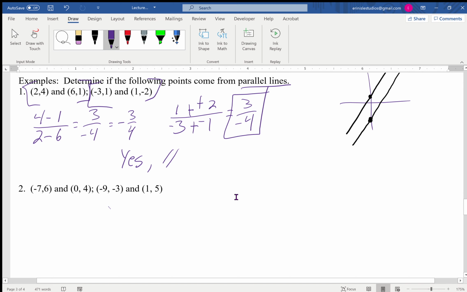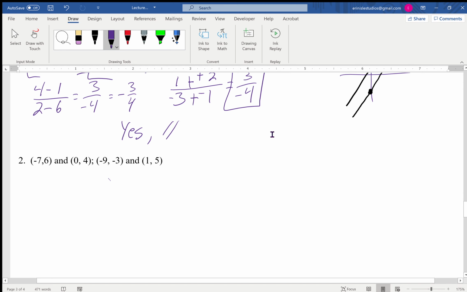All right, and this next set, let's see. I have 6 over negative 7 minus 4 minus 0. 6 minus 4 is 2. Negative 7 minus 0 is still negative 7.